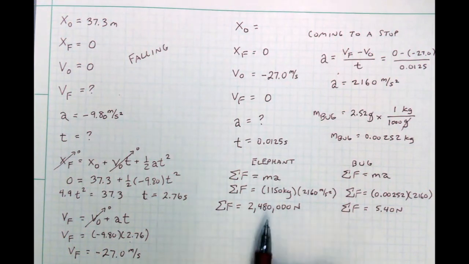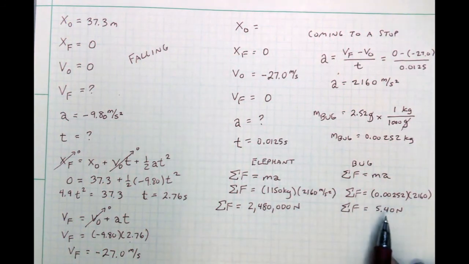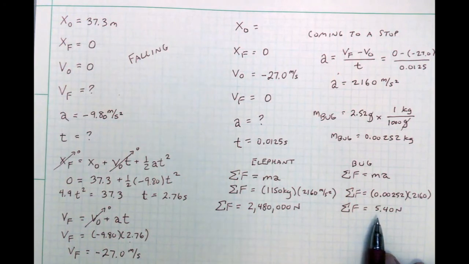It must exert a huge amount of force to bring the elephant to a stop, enough probably to kill the elephant. Whereas the insect has such a small mass, the ground does not have to exert so much force to bring the bug to a stop, and so 5.4 newtons is a small amount of force, and the bug might be able to walk away.